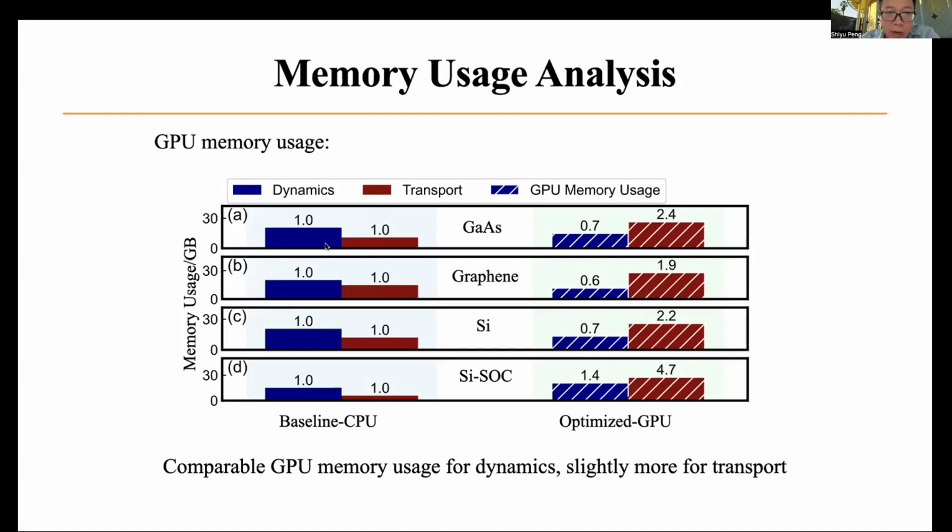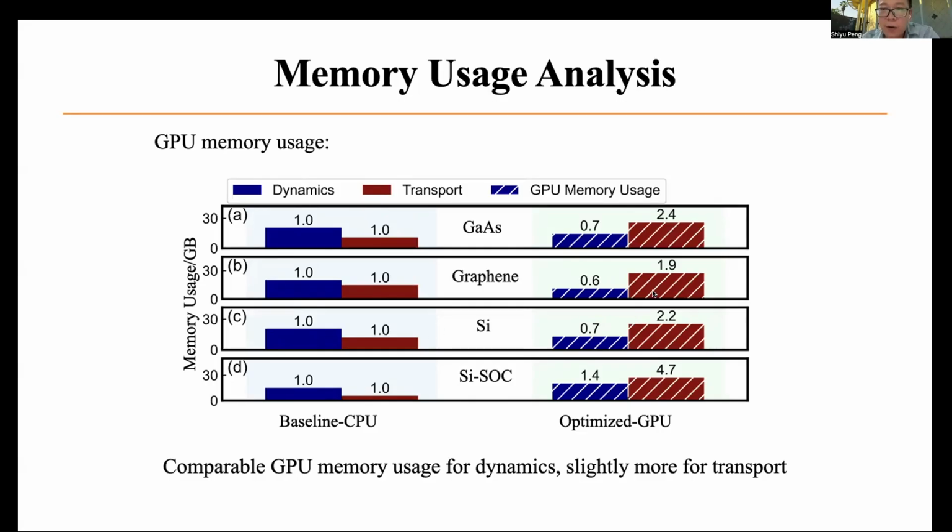The left histograms mean the CPU, and the red one is for GPU. The blue one is for dynamics, the red one is for transport. As we can see from this figure, the dynamics consumes even less memory than the CPU one, while the transport consumes a bit more memory.